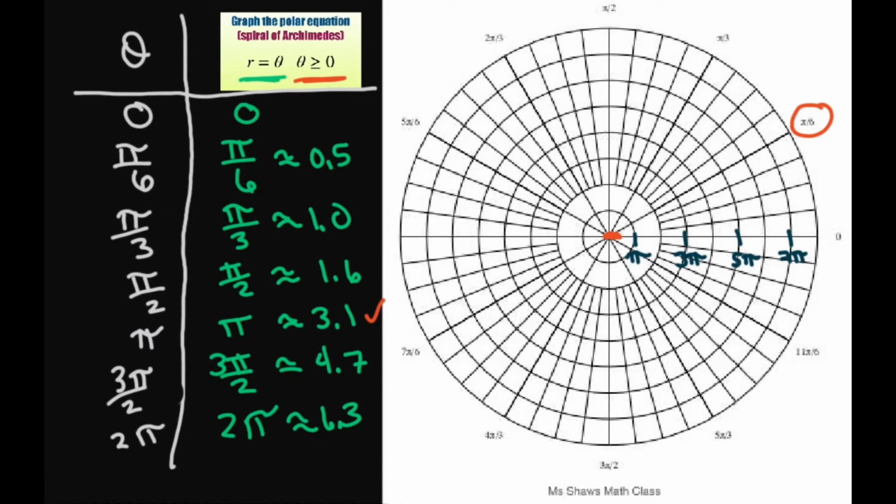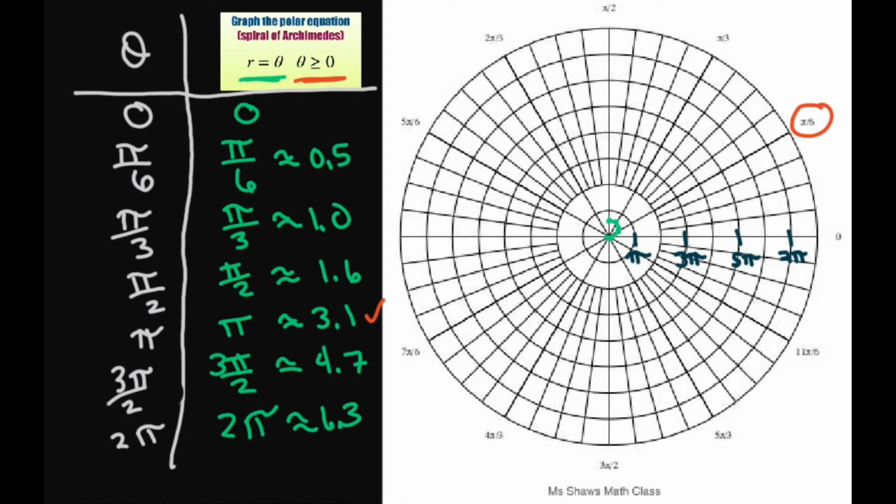So basically, at pi divided by 6, we're at half of 1. So it's going to be really close in here. Maybe I should just really quick do this. Just make a little dot here and then here. Pi divided by 3, we're at 1, so it's coming out a little more.